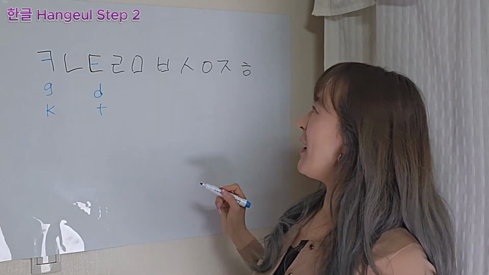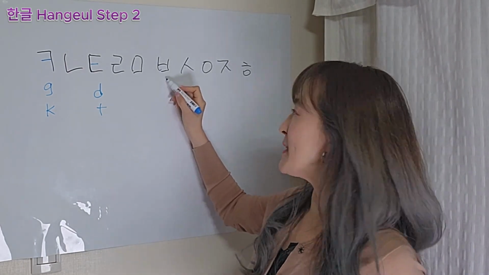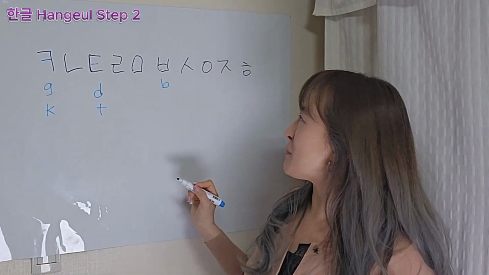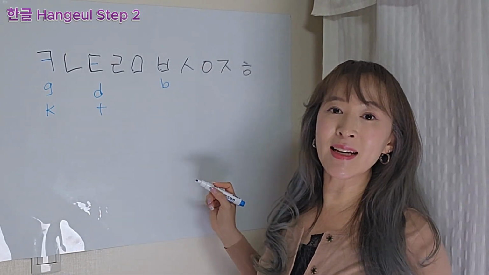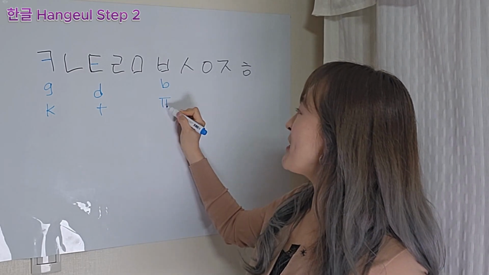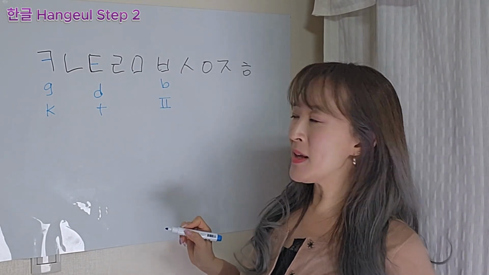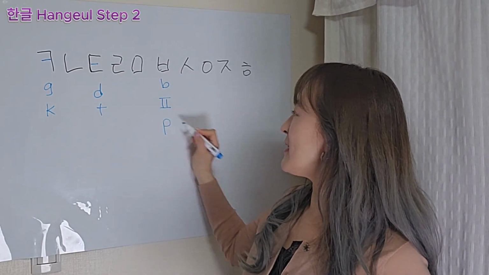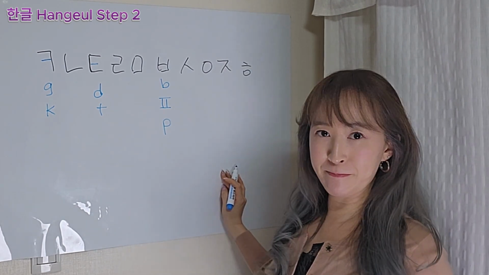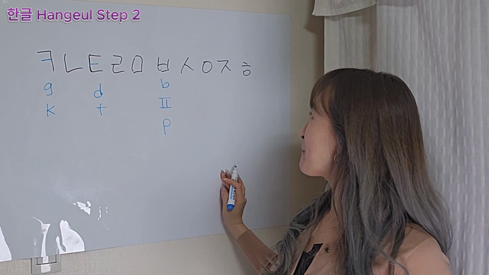And moving on to piup, which was the B sound. Actually the letter changes a little bit. So it becomes like this. And this is the P sound. P. Piup. Right?